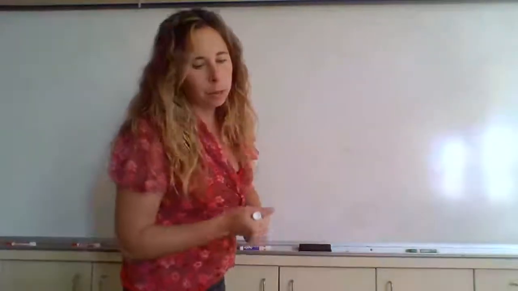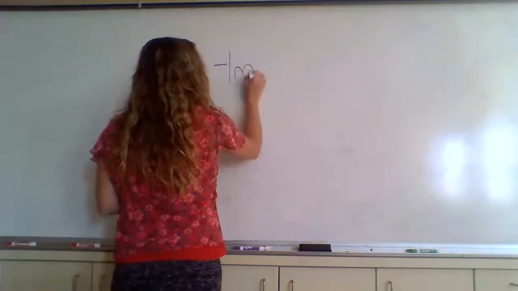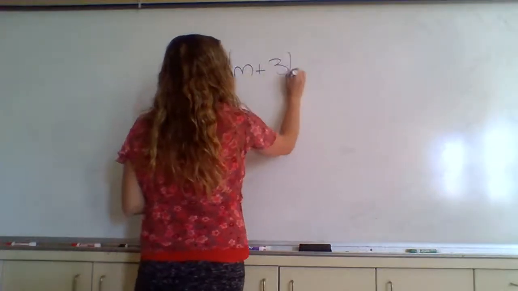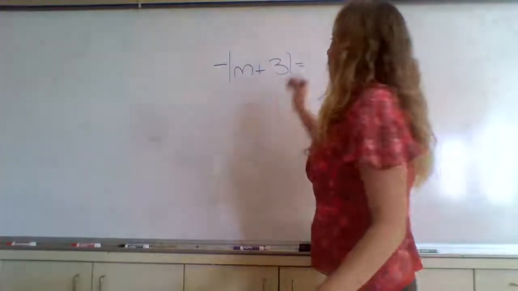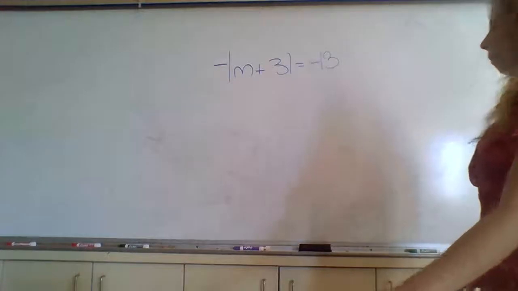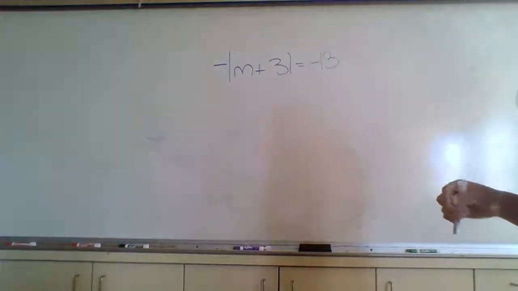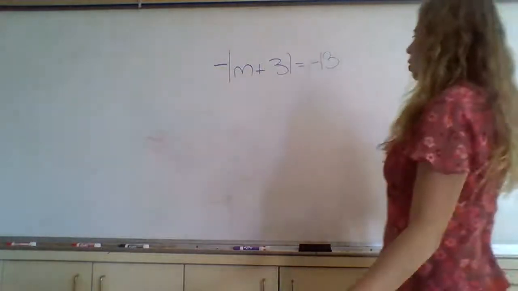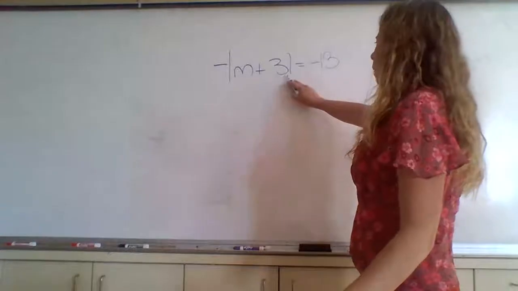Okay, I'm also going to do number 7. Negative absolute value of M plus 3 equals negative 13. So the first thing you're going to do is you want to isolate your absolute value of M plus 3.